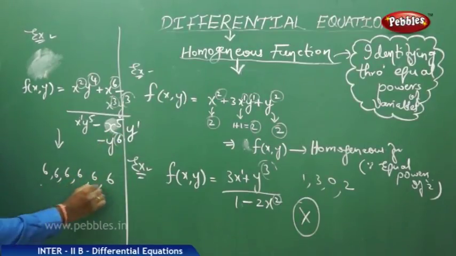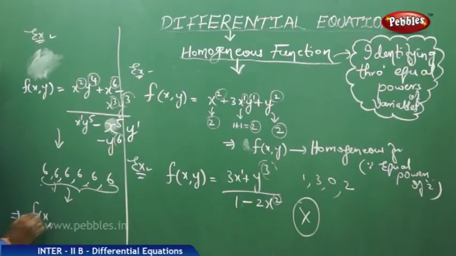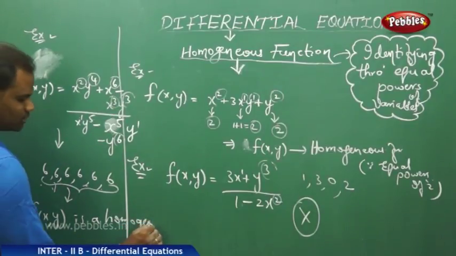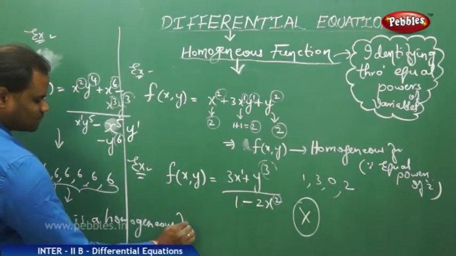Now since each of the terms has equal powers, I can say that f of xy is a homogeneous function.